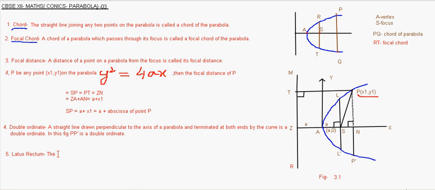It is the double ordinate passing through the focus of a parabola is called the latus rectum.